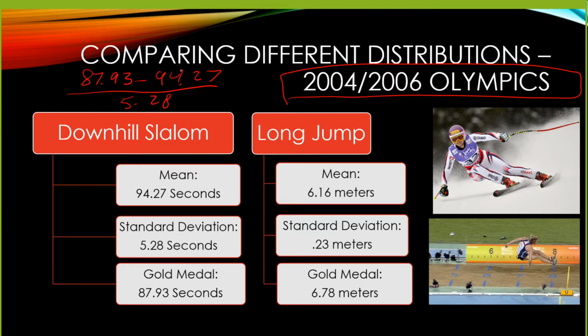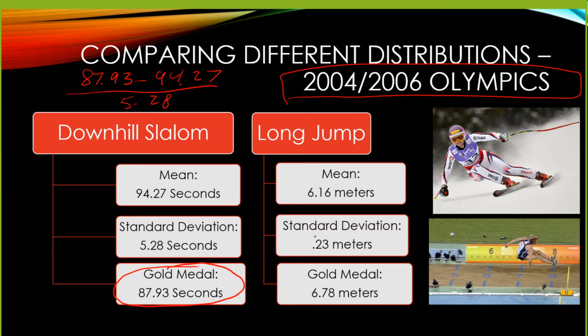This gives me an idea of how extreme the gold medalist score was compared to other people in that person's sport. So in this case, how much further away from average was the gold medalist score compared to other people who are skiers?